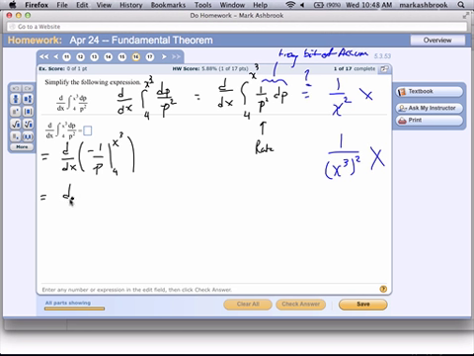Okay, so let's do that inside part first. We're going to have negative 1 over x cubed plus 1/4. Check my work. Is it okay? Okay, so now the derivative of negative 1 over x cubed.